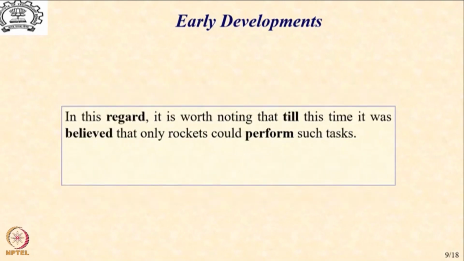Of course, it is worth noting here that until this time, there was a belief that only rockets could perform such tasks. And that is why you would notice that in the initial stages, most of the space missions were restricted to rockets.